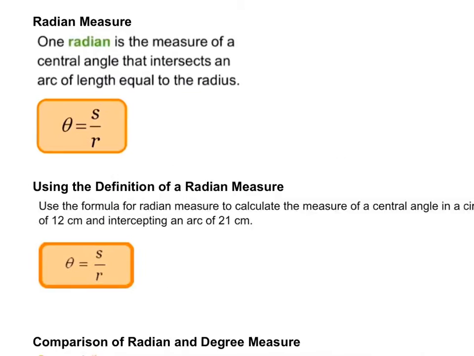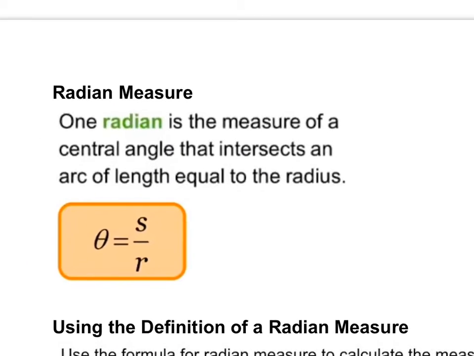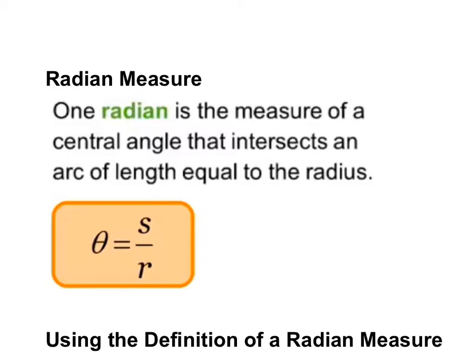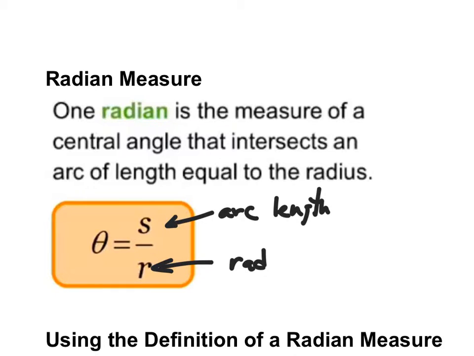Another definition: one radian is the measure of a central angle that intersects an arc length equal to its radius. That's what we talked about before. S is your arc length and R is your radius.